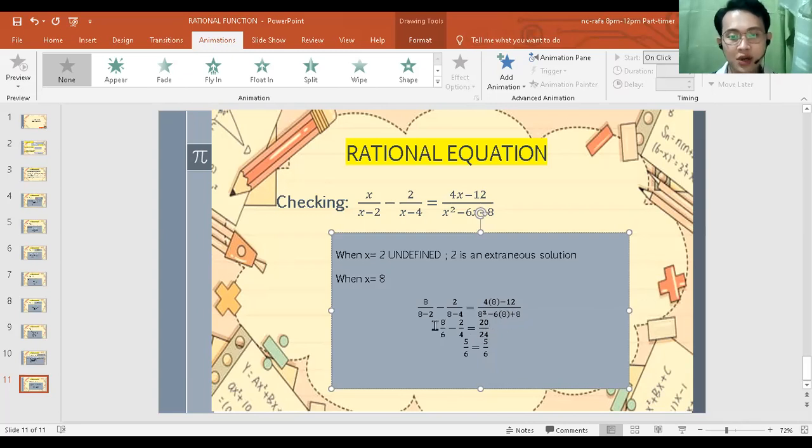After that, you are going to operate here. As you can see, their denominators are not equal, so we need to find first the LCD. I'm going to show it here on the left side. The LCD there, as you can see, we have 6 and 4. So can I say the LCD is 24?